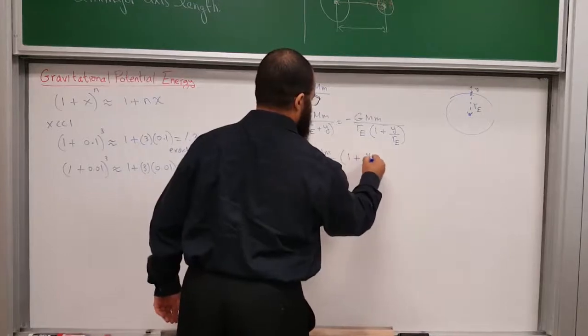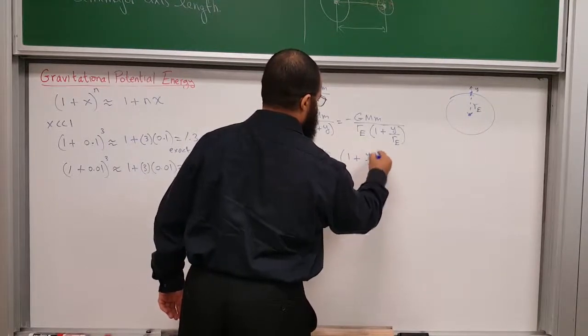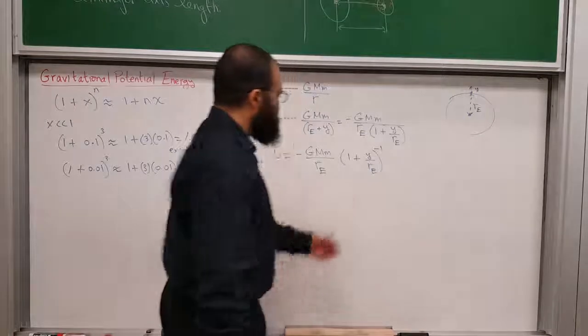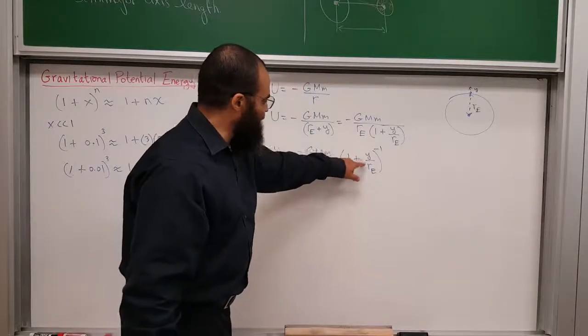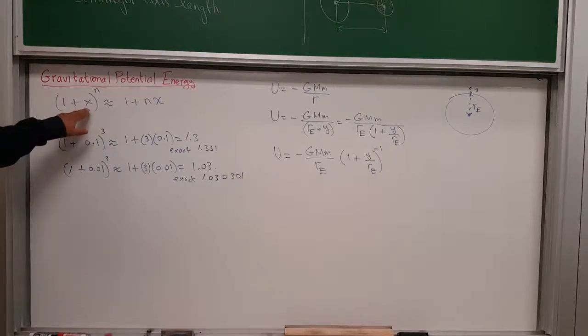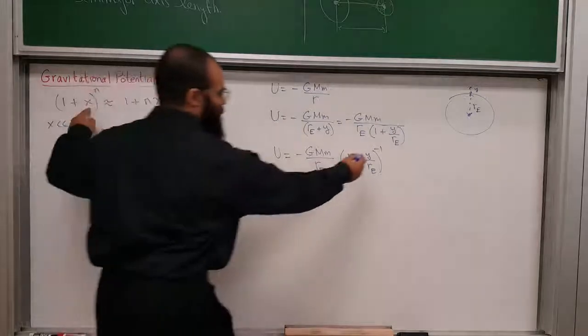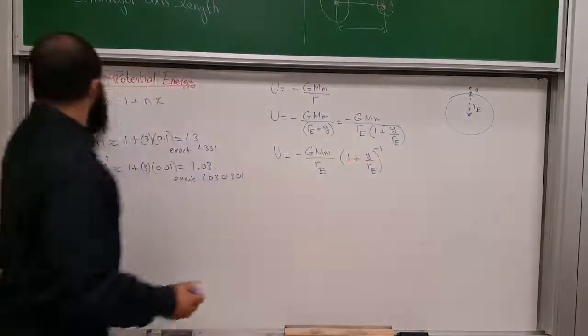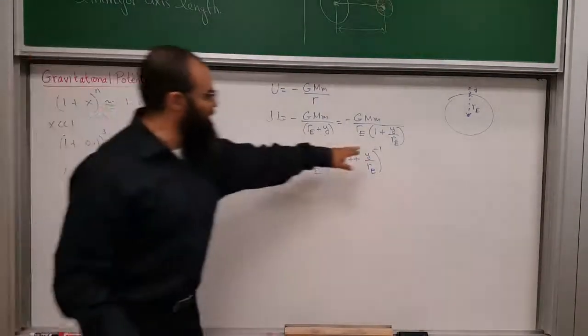So 1 plus Y over R Earth to the negative 1 power. Notice, it's 1 plus x to the nth power. The 1 is the 1, and then the x will be Y over R Earth, and n here will be negative 1.